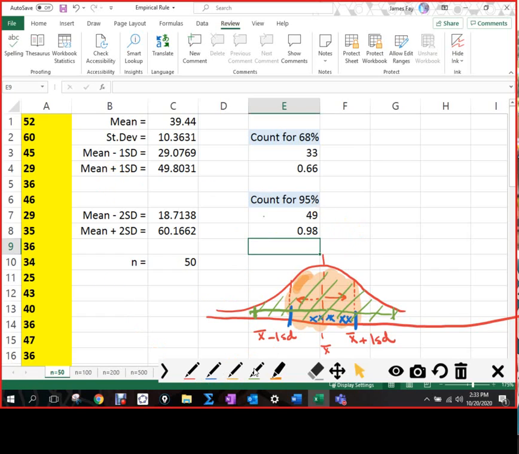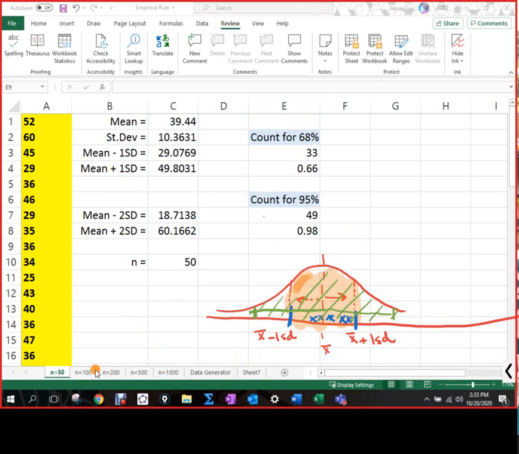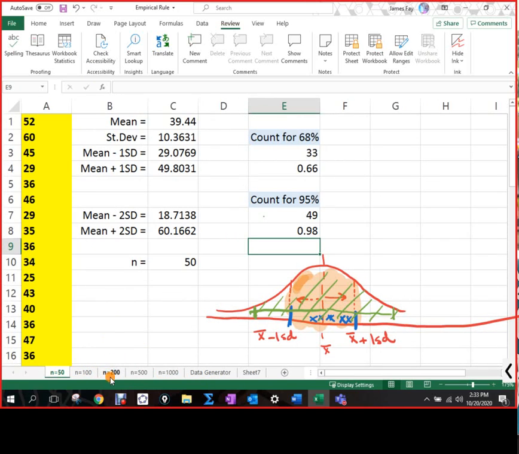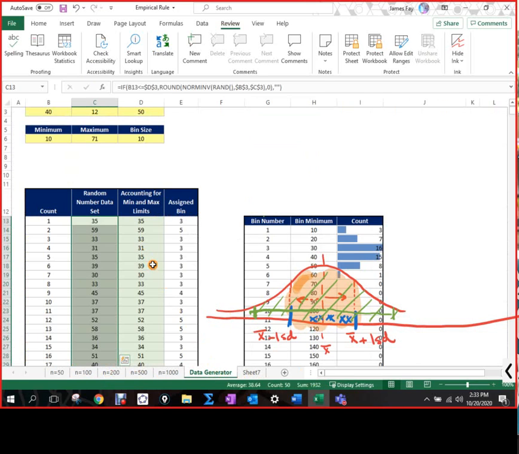Now, my plan was to show you doing this with 100, doing it with 200. So each one of these sheets here, we can go in and fix our rules for our mean, standard deviation, and so forth. But instead of running through all of those with you, I'm just going to generate another random list here.